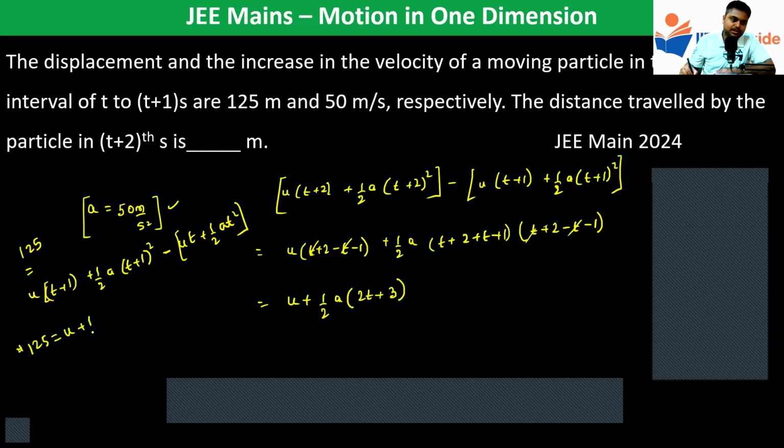U plus half into a into t plus 1 plus t times t plus 1 minus t. So u plus half into a, and a we have already found out to be 50, into 2t plus 1 is equal to 125.